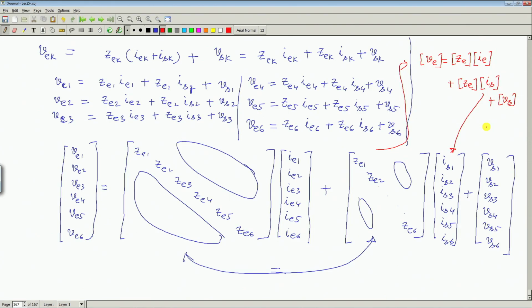Got the idea? In shorthand, this is the nice way of representing the things.